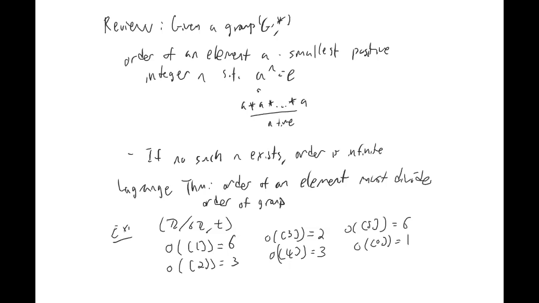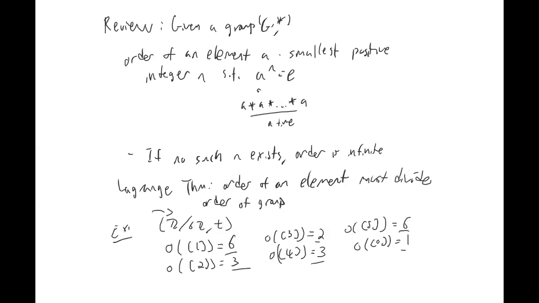So you see here, all of these are divisors of 6. This is what Lagrange says: the order of an element must divide the order of the group. How many elements does Z mod 6Z have? It has 6, so every element must have order 1, 2, 3, or 6. No element is going to have order 4 or order 5, because the order must divide 6. That's pretty strong.